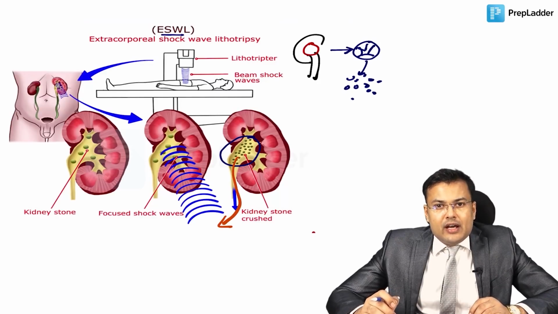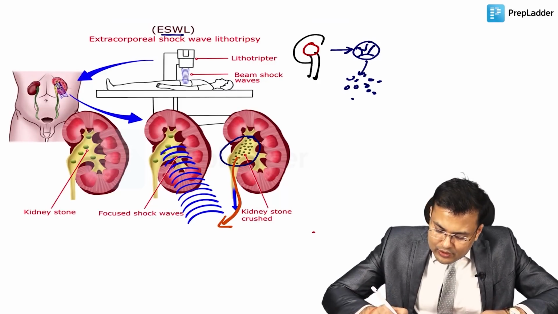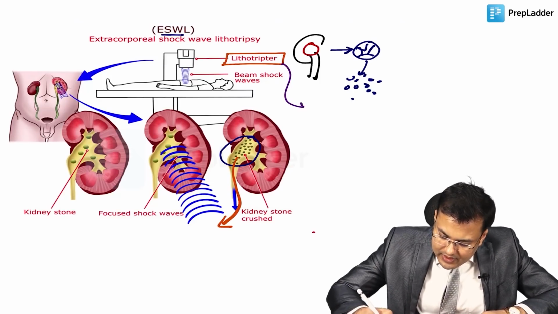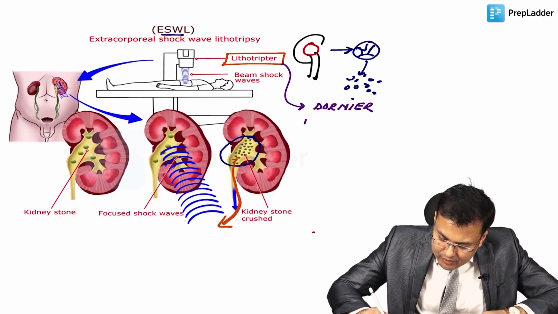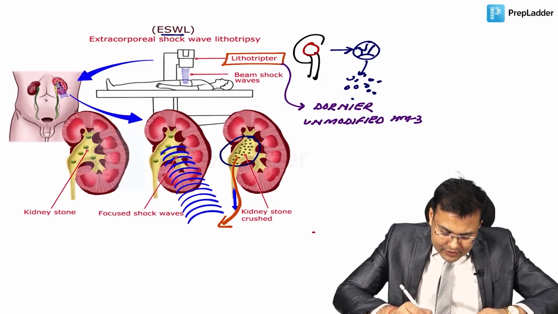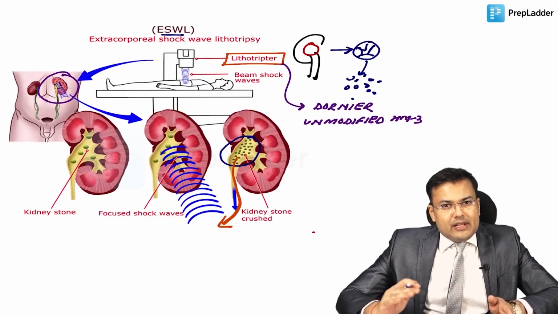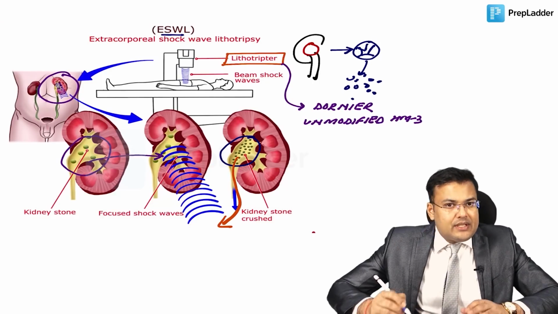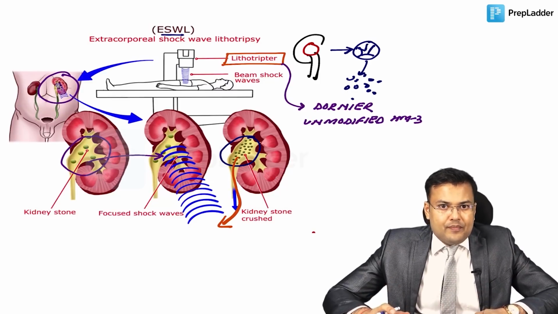It's Dornier unmodified HM3. Clear? After that, the shock waves are focused onto the kidney, and when there is change of density from soft to hard, the stones are broken into small pieces, and these pieces are excreted into urine via the ureter, right?